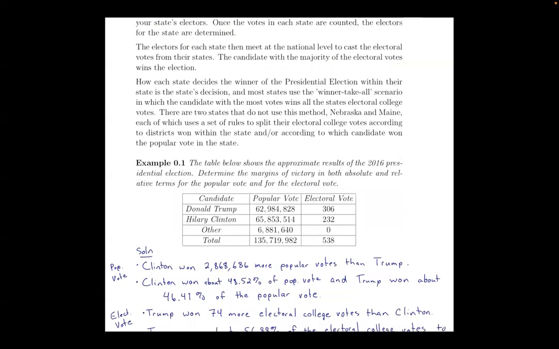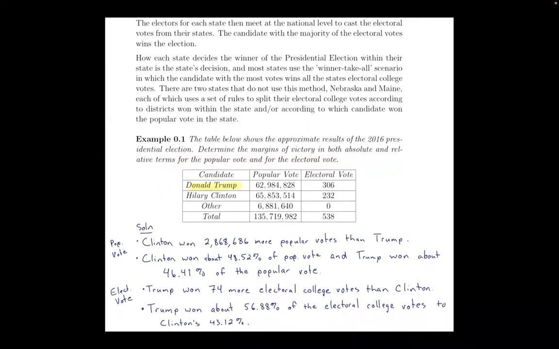These are roughly the totals from the 2016 presidential election. So they ask us to determine the margins of victory in both absolute and relative terms for the popular vote and the electoral vote. So let's deal with the popular vote first, because this is curious enough, right? What we see in the table are Donald Trump's popular votes from all people in the country.